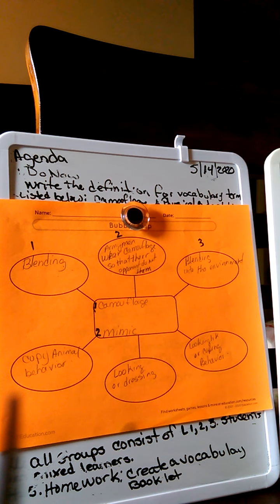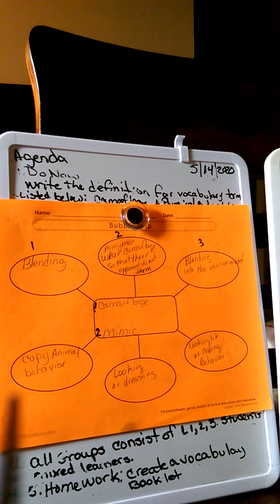I'm walking around the classroom making sure everyone is doing their assignments. In the second bubble, you give me another example of camouflage. Someone says wearing camouflage so that the opponent does not see them when you're in the army. Good job. Can someone give me the definition? Blending into the environment. Thank you, LB.